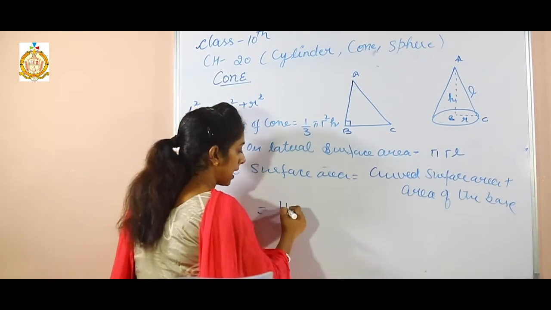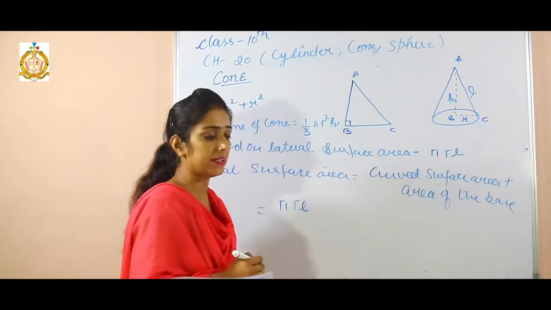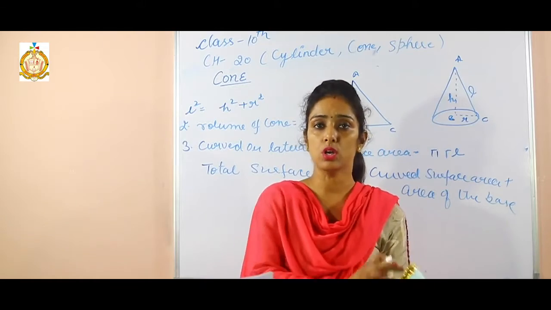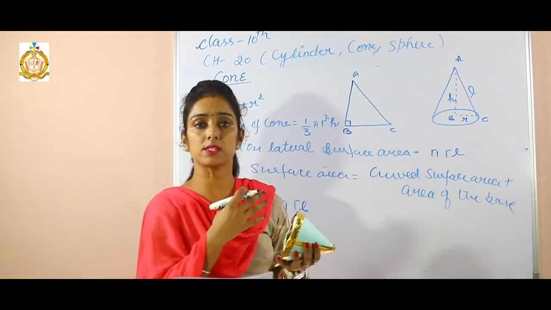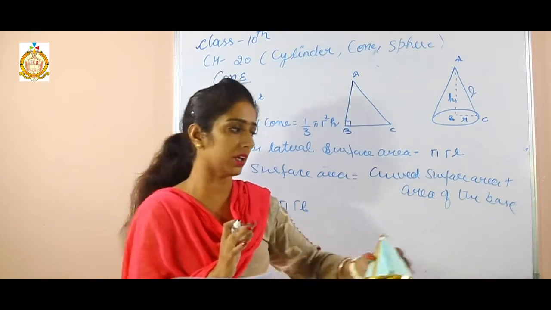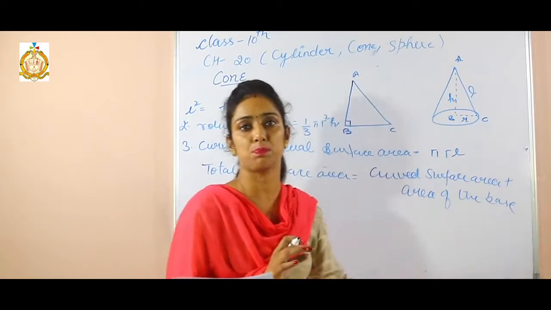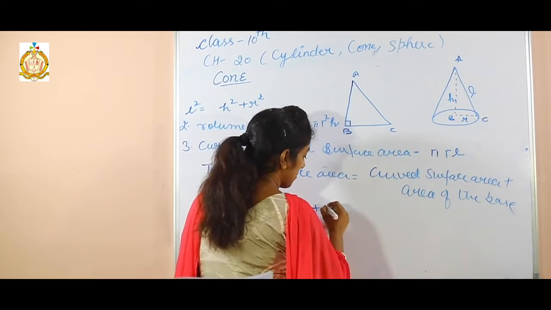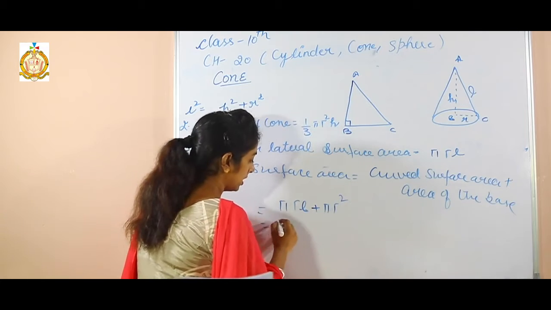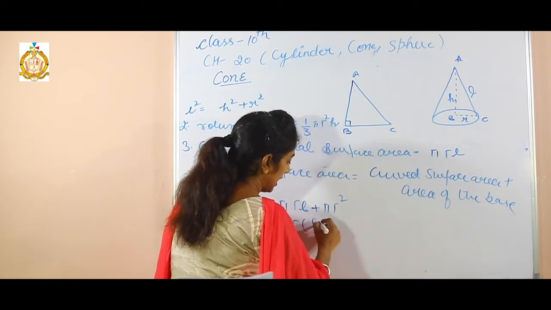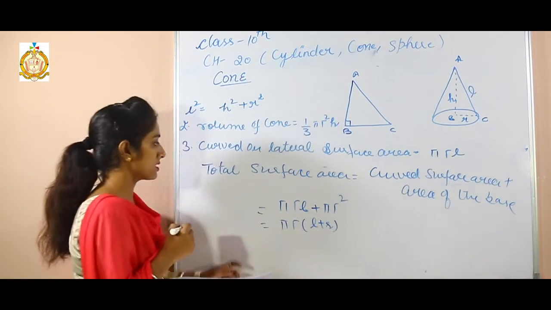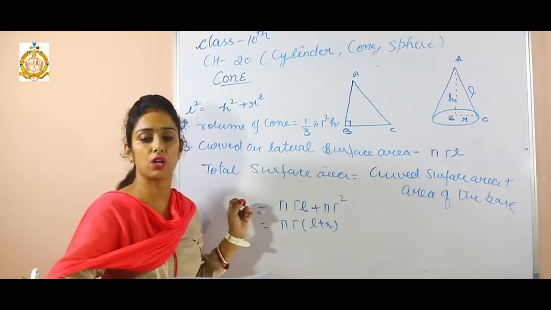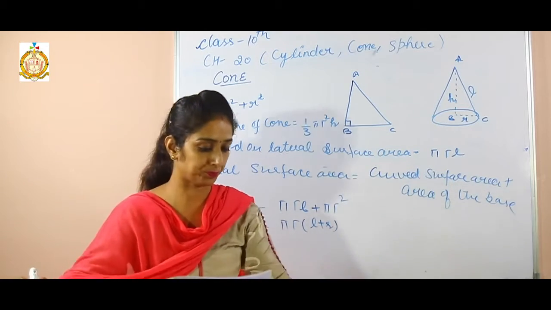That is pi R L, and its base is also circular. So what is the area of its base? The area of its base is pi R square. It means pi R L plus pi R square is the total surface area of a cone.